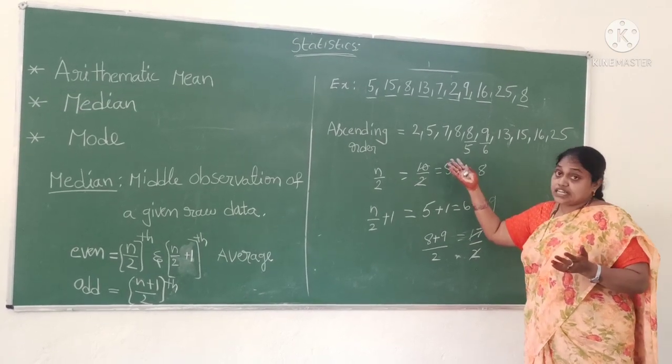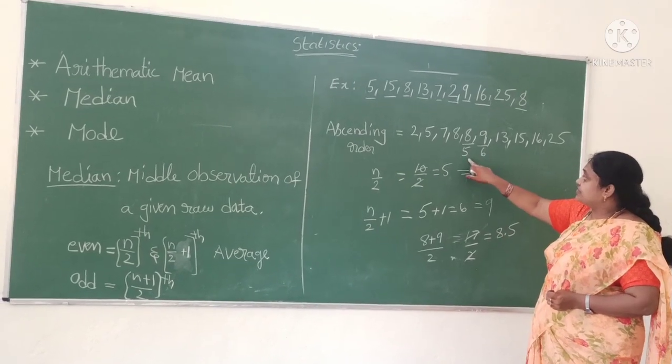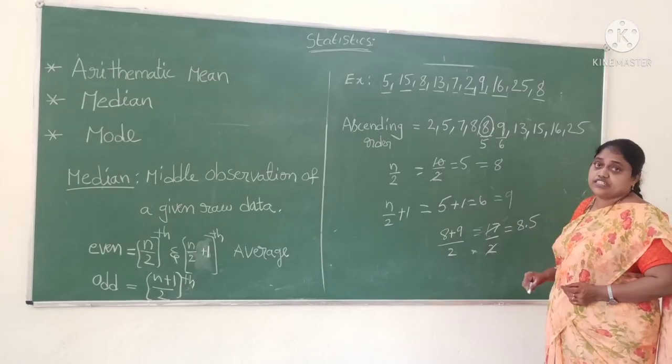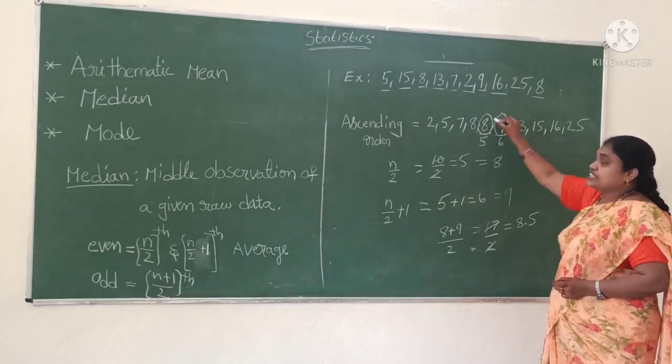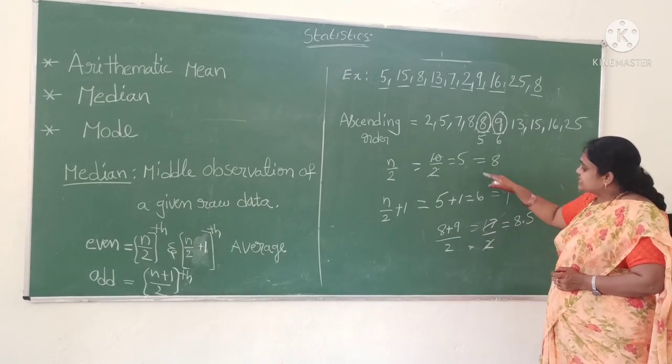Now let us go to the ascending order. What is the fifth observation? Fifth observation is 8 and 9 is the sixth observation. Now we calculate average of fifth and sixth observations.